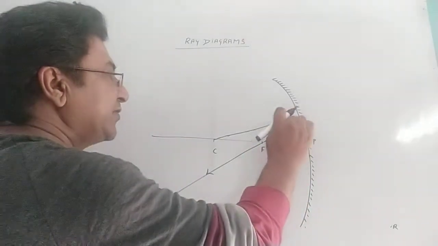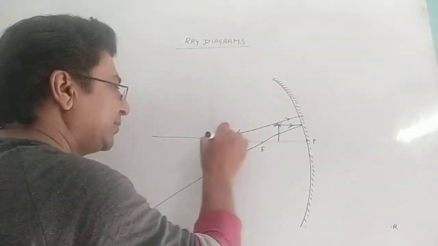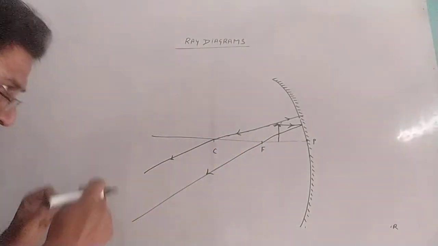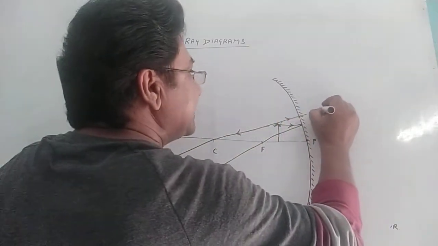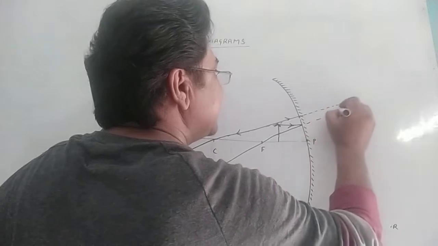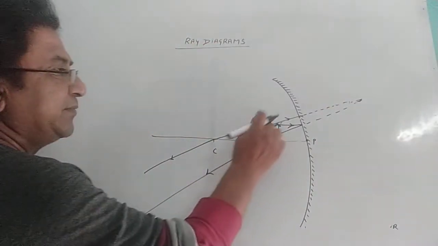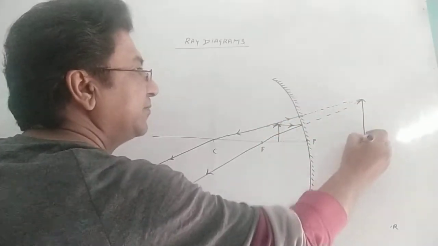Head से center of curvature में जाएगी, center of curvature से जो जाती है वो strike करके उसी path पे आ जाती है. So these are two reflected rays. They are not meeting anywhere. So if we enhance them, they will meet at a point here. They are coming from the head only, so they will form the head and we will form the feet.